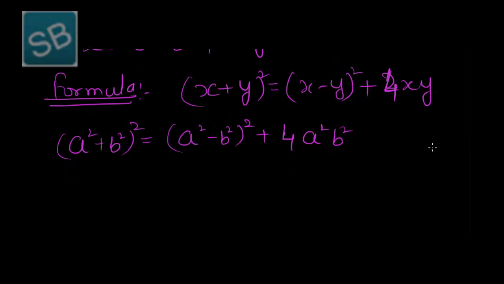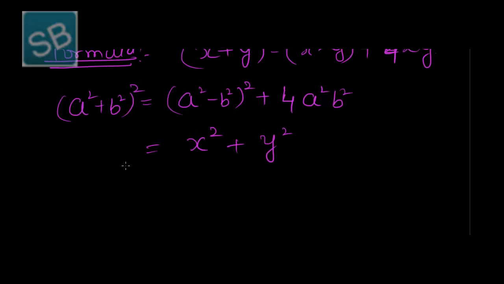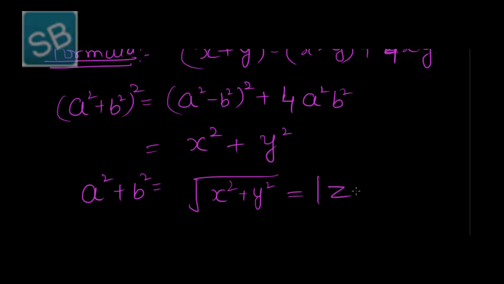So from here we will substitute the value of a square minus b square, that is x, give its name as 1, plus 2ab whole square, that is y square. So from here if we see, we get a square plus b square is equal to under root of x square plus y square. That is the value of mod z.